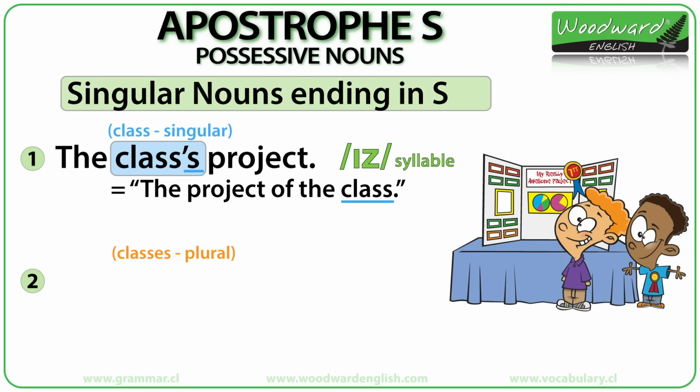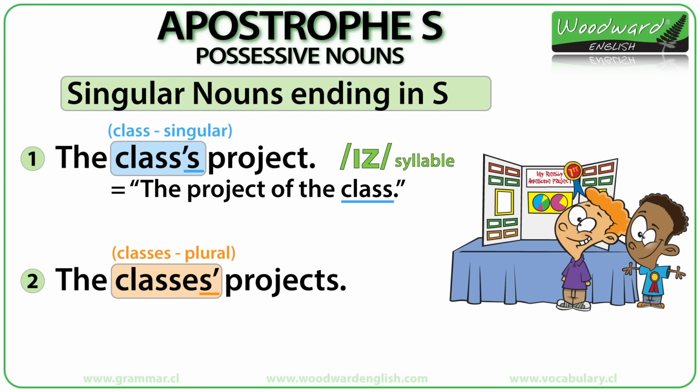But what happens when we're talking about two classes? The plural form of class is classes. How would we write the sentence now if we were talking about the projects of both classes? We would say the classes' projects.